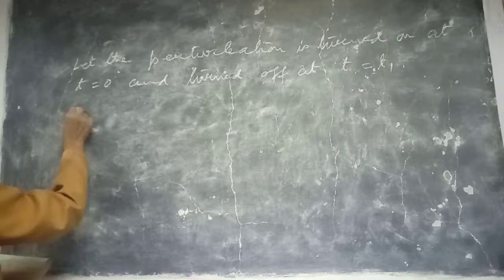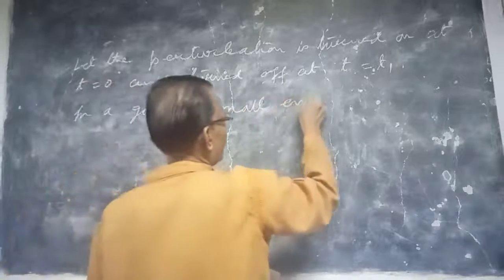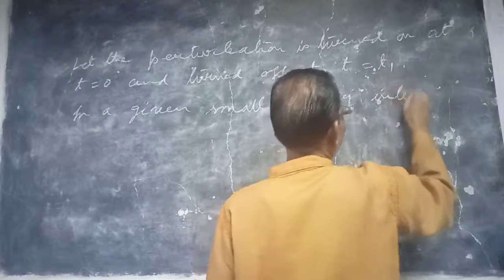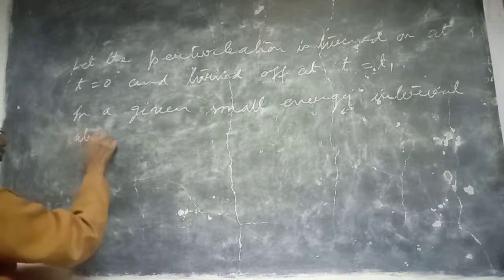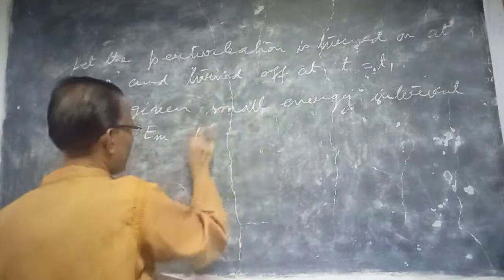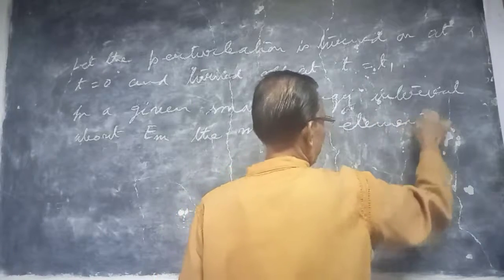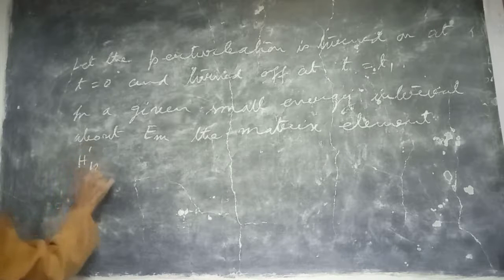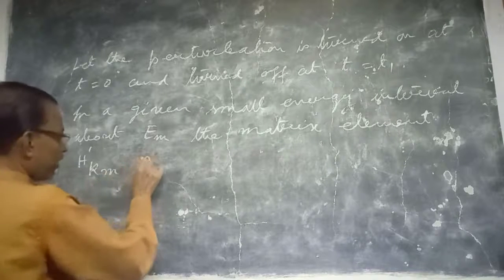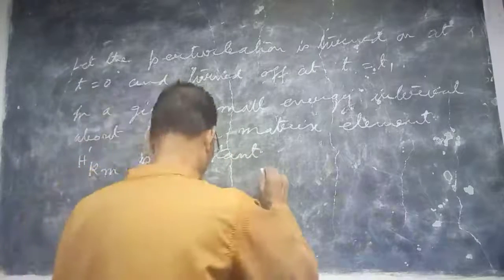In a given small energy interval, about say Em, the initial energy state, the matrix element which is involved in the equation, that is H prime Km, is considered to be a constant for all the states.